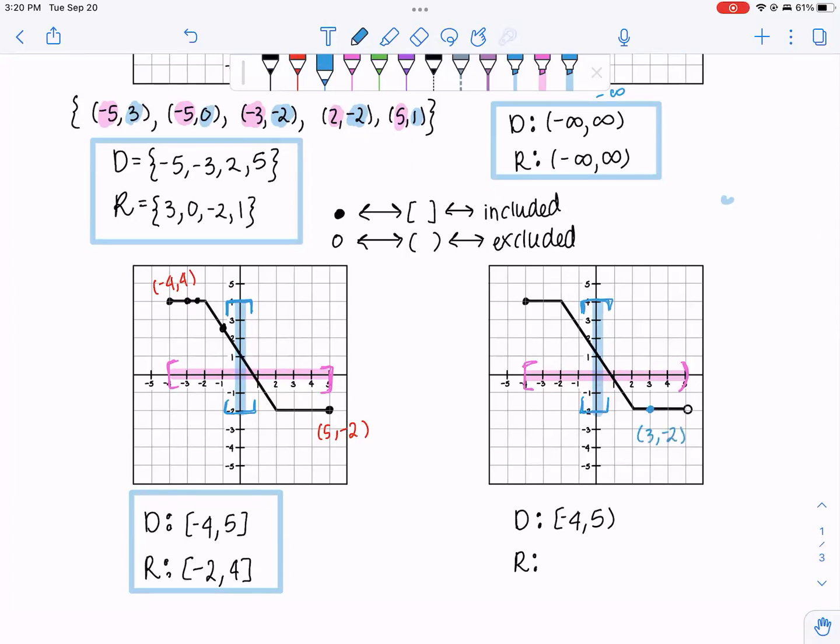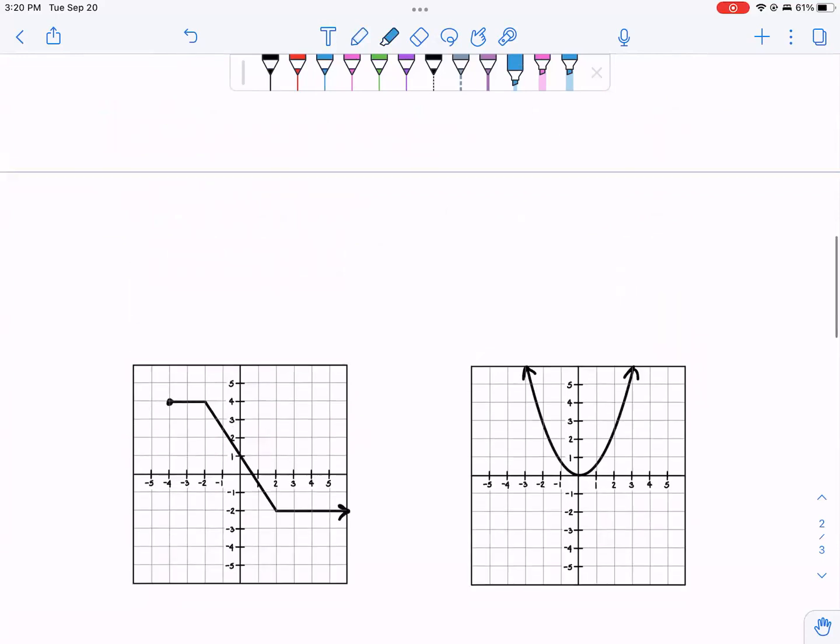This one right there has the y value -2. So -2 is in the range because it's a possible y value. So my range begins at -2 and it goes to 4. It's actually identical to what it was last time. Identical. The only difference is that 5 is no longer in the domain.